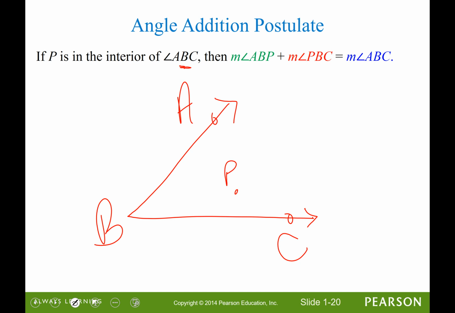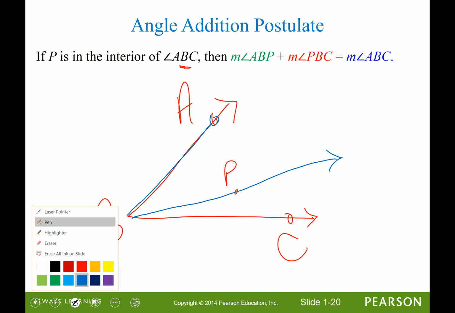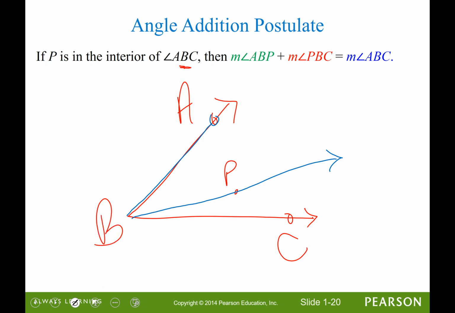Okay, it says that then the measure of angle ABP. So ABP, let me change colors to highlight it for you, would be like this. A to B passing through P. Okay, plus, let me change colors again to highlight, the measure of PBC.